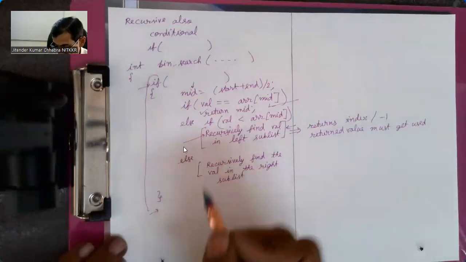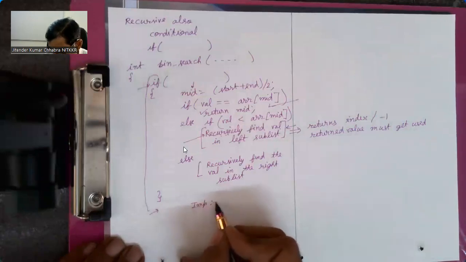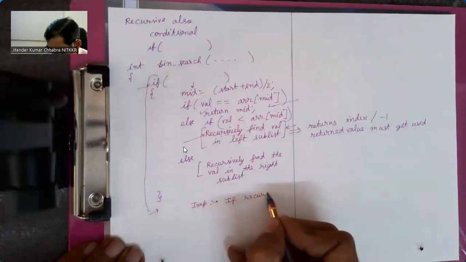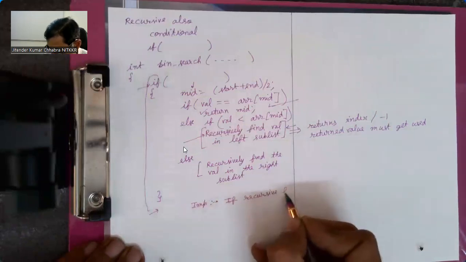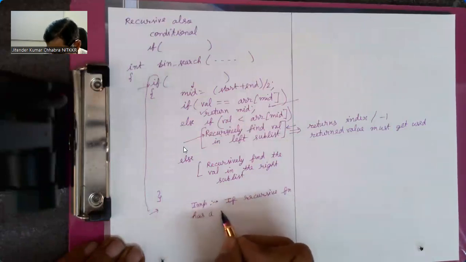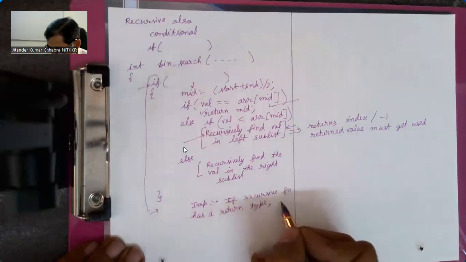So if you are doing this kind of thing, one important point to remember always is: if a recursive function is returning something, if a recursive function has a return type, you have to make sure that you don't commit a mistake by ignoring that.